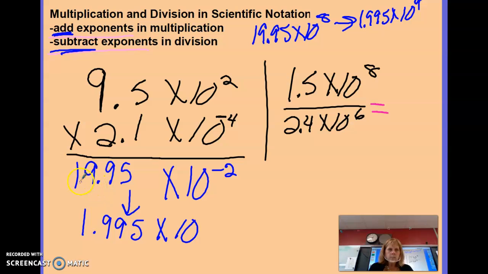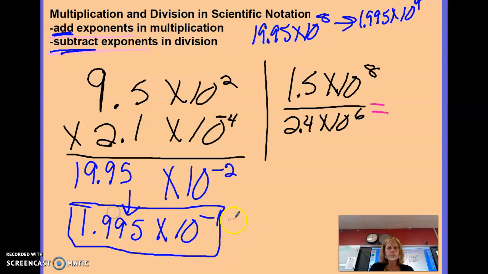Remember, if I make this number smaller, going from 19.95 to 1.995, I have to make the exponent larger. So negative 2, larger means closer to 0 or less negative. So it's times 10 to the negative 1. And this right here is my final answer for this one.